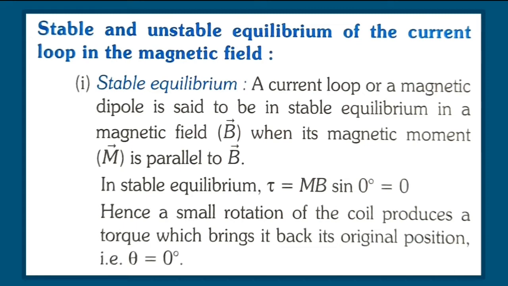Those two equilibrium positions are given by theta equal to 0 and theta equal to 180 degrees. One is called stable equilibrium and the other is called unstable equilibrium. Theta equal to 0, that orientation is called stable equilibrium, and theta equal to 180 degrees is called unstable equilibrium.